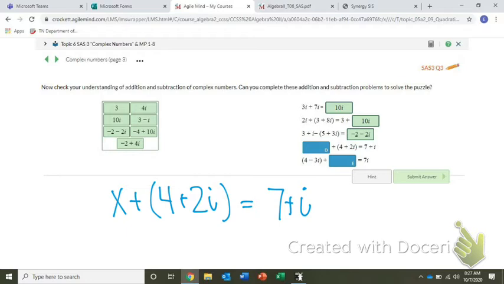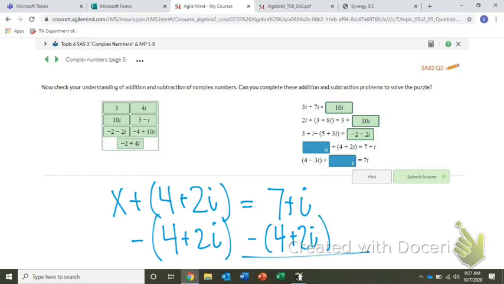Just like solving an equation. Since it's positive, I'm going to do what with it? I've got to move it. I'm going to subtract it, right? So we have a minus (4 minus 2i).